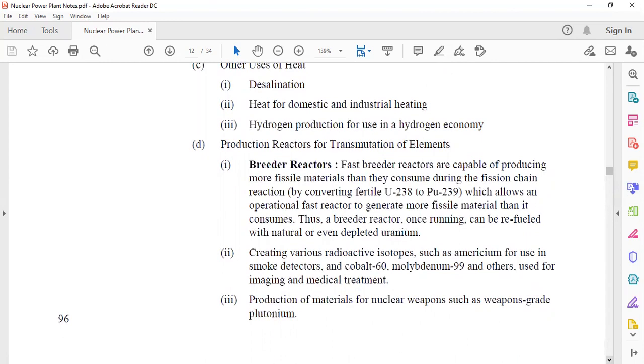Thus, a breeder reactor, once running, can be refueled with natural or even depleted uranium, creating various radioactive isotopes such as americium for use in smoke detectors, cobalt-60, and molybdenum-99 used for imaging and medical treatment. Also production of materials for nuclear weapons such as weapon grade plutonium.